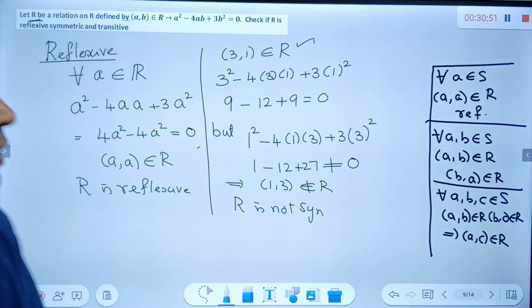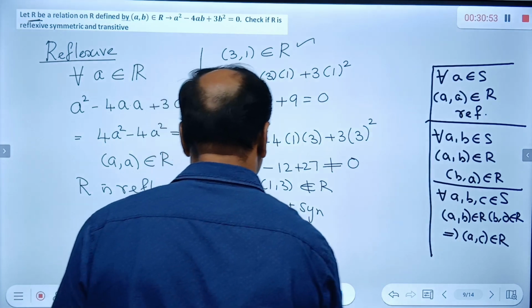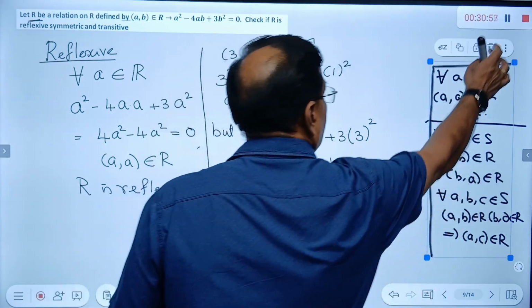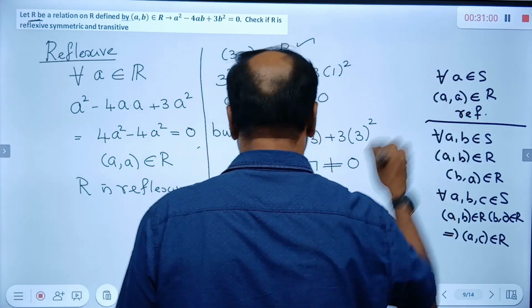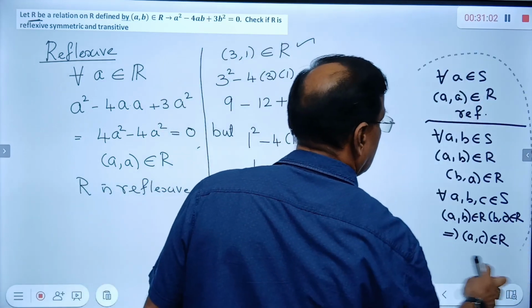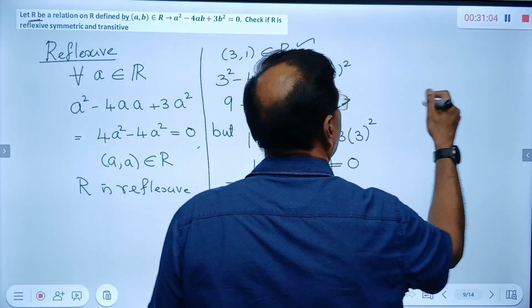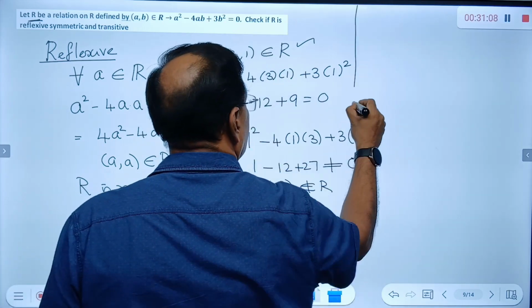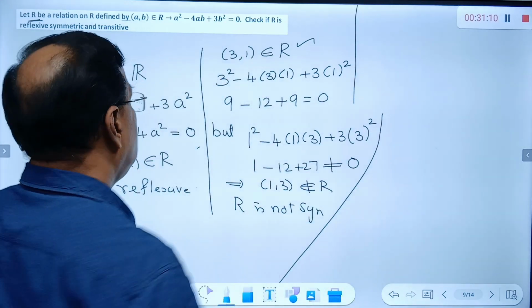Now I have to go for transitive. Now what example will I choose?